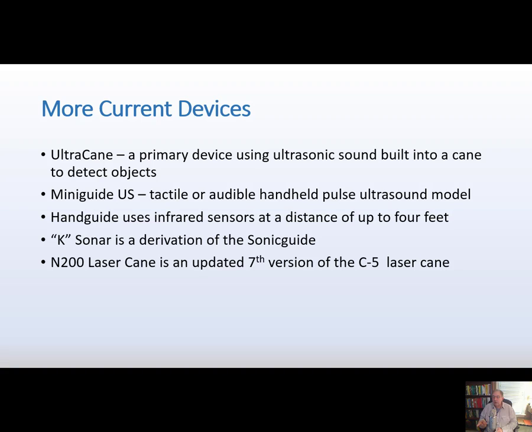If you're pointing it directly at an object, it's louder. If you move it a little bit away from the object, it's softer. And it can impart characteristics of the object, just like the sonic guide could, through its tonal qualities. So again, that mushy sound for a bush, for example. It can be attached to a cane, and you can scan by moving the cane from side to side.